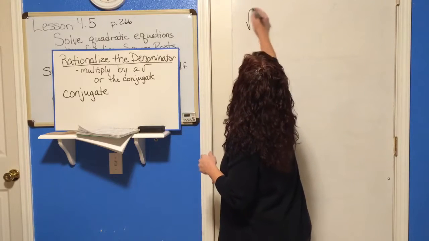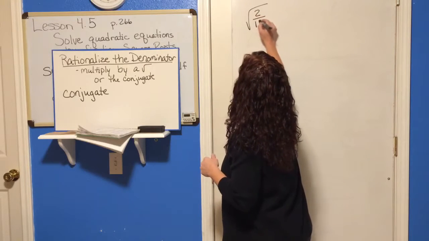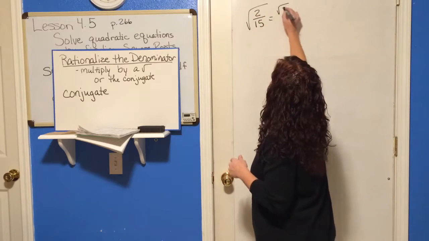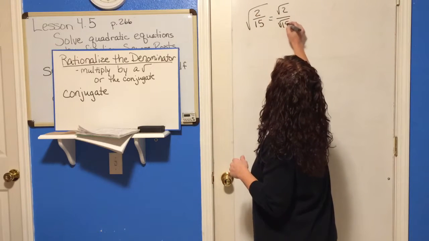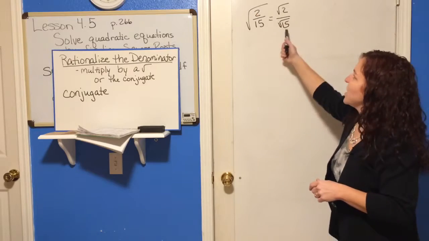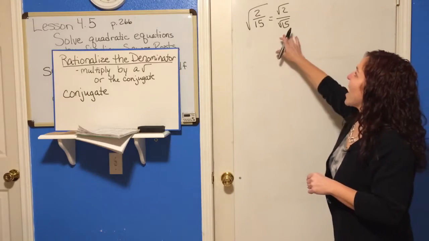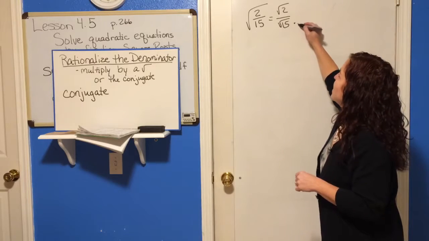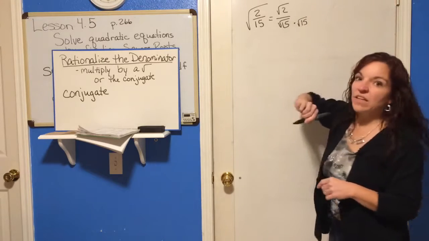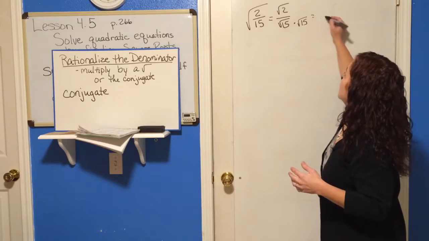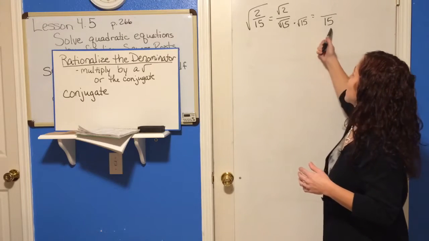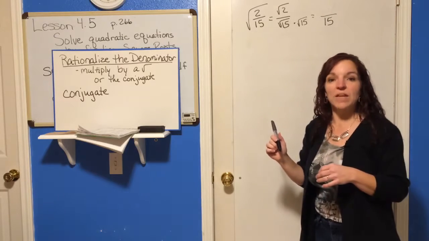The square root of 2 over 15 is the same as the square root of 2 over the square root of 15. Well, 15 is 3 times 5, and there's nothing perfect squarish about that. But if I took the square root of 15 times the square root of 15, that would just be 15, which would be great because I would get rid of my radical in the denominator.